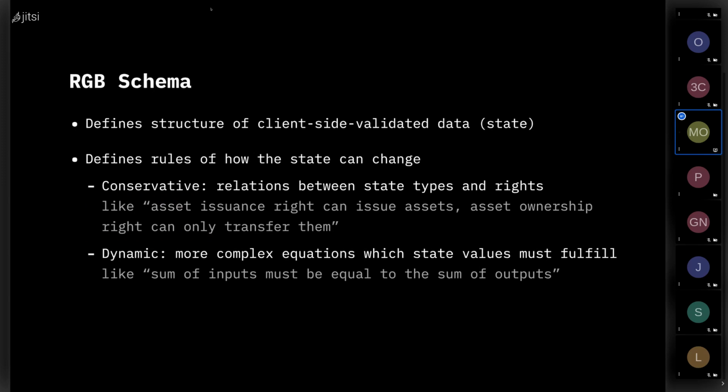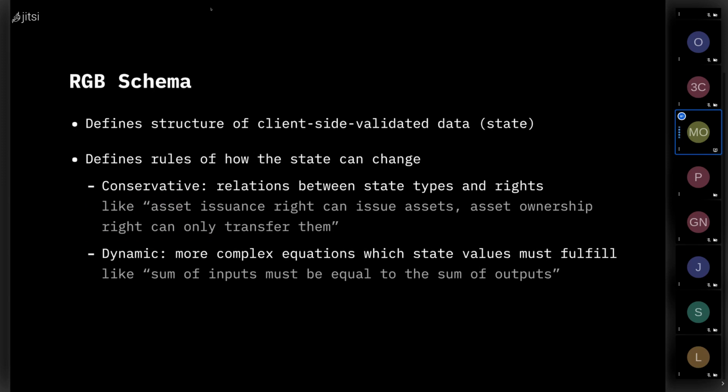The first category is conservative rules. I call them conservative. It's my term. Maybe it's better to call them something else, but I haven't invented anything better. So the conservative rules are basically relations between state types and rights. The state type is actually the amount of assets, and the right is the right to transfer the assets.